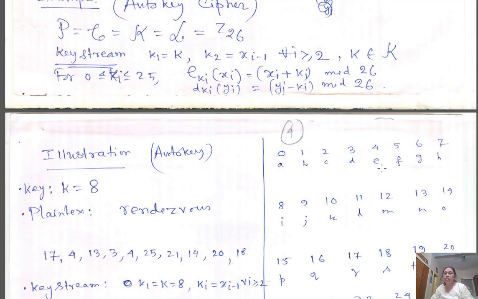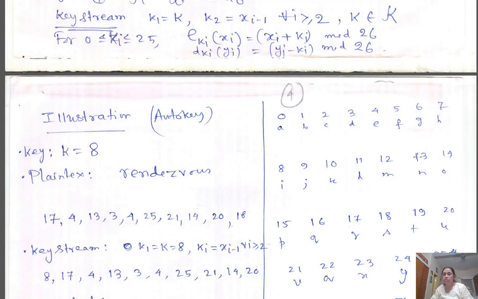We have already discussed this association so many times. We have 26 alphabets, A to Z, and each of them I can associate with a number from 0 to 25. Suppose this is my numbering: A corresponds to 0, B corresponds to 1, C corresponds to 2, D corresponds to 3, that way I assign.